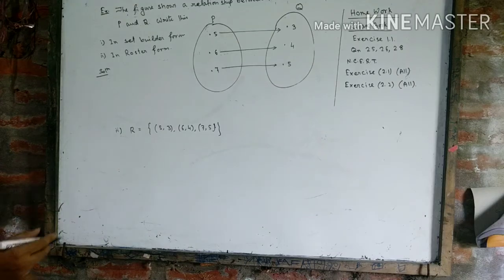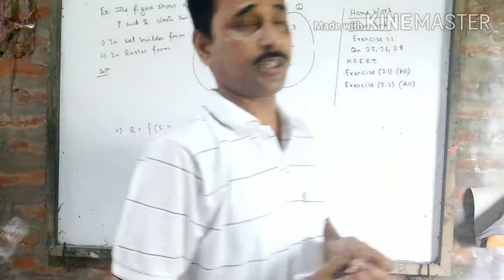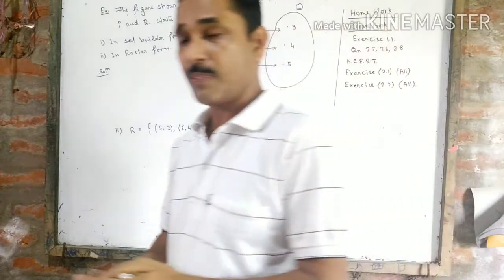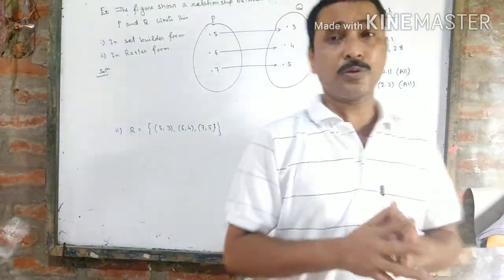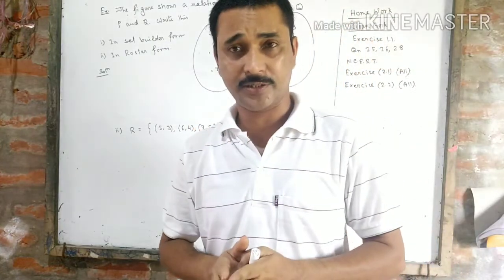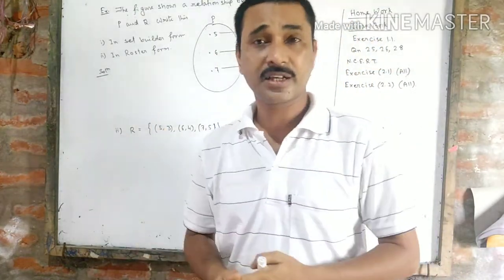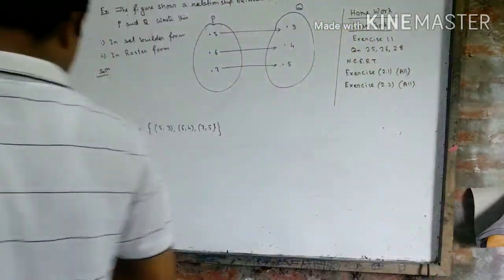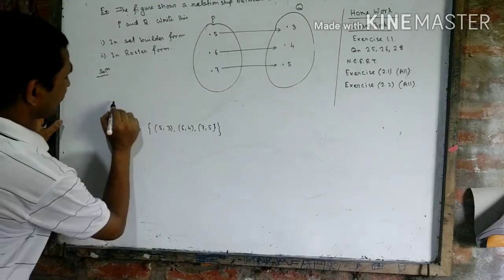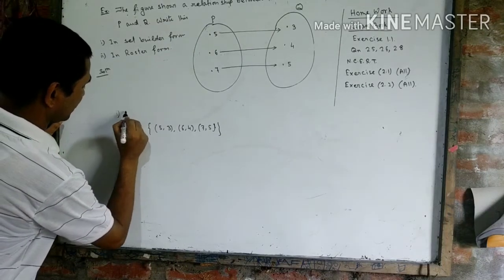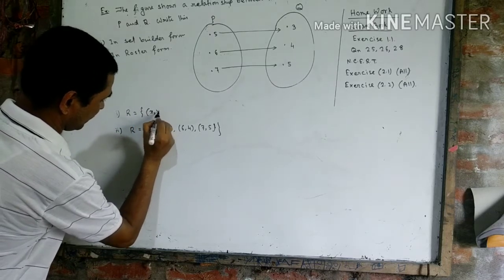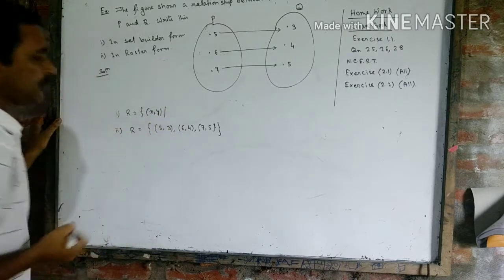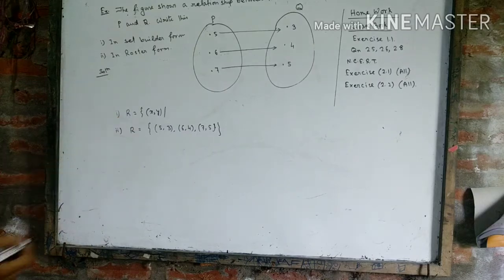Now we are supposed to describe the relation by set builder method. In set builder method, as we have discussed, we give a general representation, then we describe its characteristics. So R is an ordered pair (x, y).